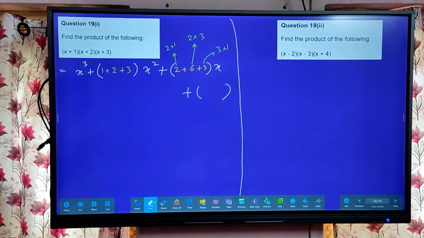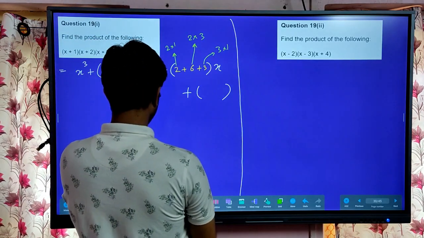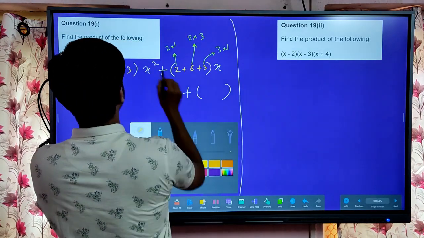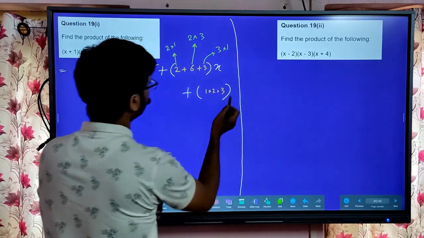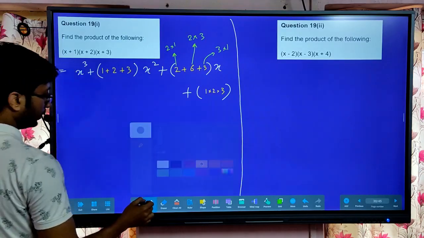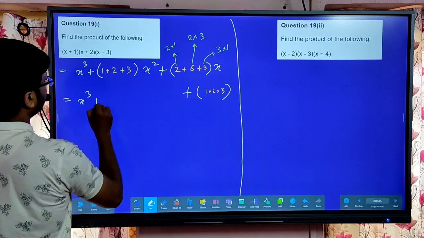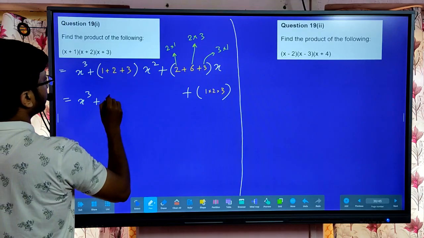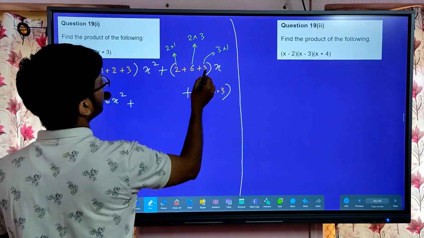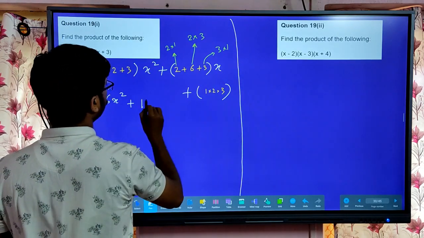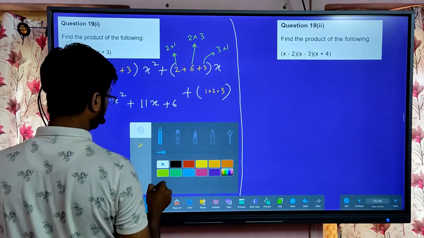Understood? ab, bc, ca, and then it is abc, 1 into 2 into 3, so this is 6. So it will be x cube plus 6x square plus 11x plus 6. This is your answer.